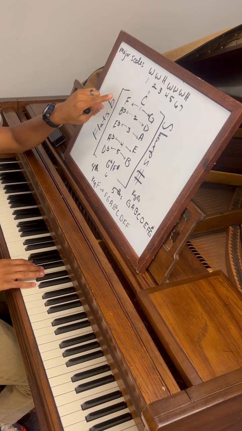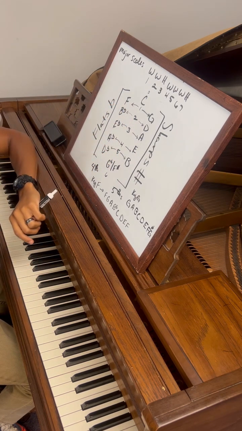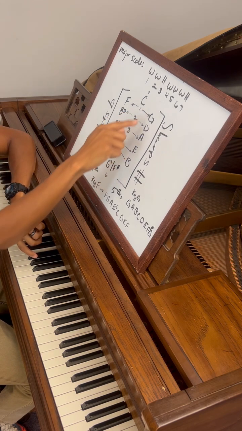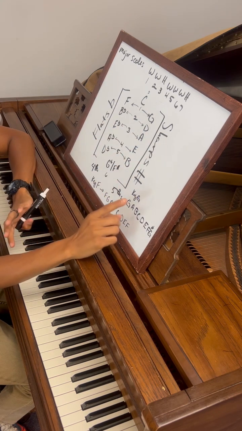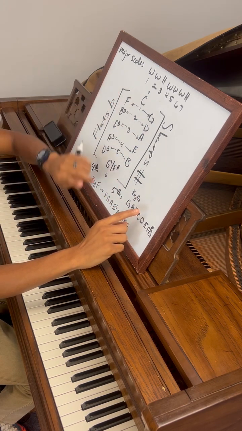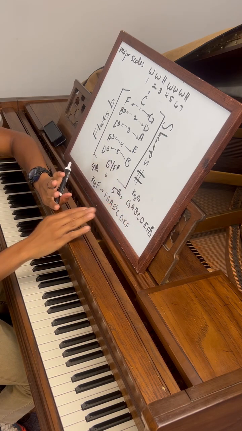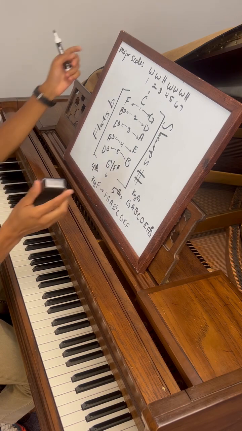The same thing can be done no matter where we are in the scale, or where we are in any of these keys. If I chose to utilize any of those notes in any key, following that formula, I could do this without having ever been here on the piano. So I'm going to erase this.